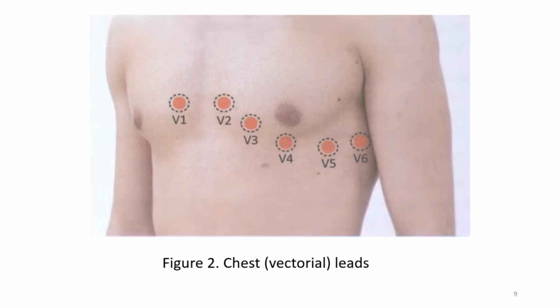You can see here the locations of precordial leads, V1 to V6: fourth intercostal space on the right hand side, and on the left hand side, V4 fifth intercostal space in the mid-clavicular line, then V3 between these two, V5 anterior axillary line, and V6 mid-axillary line, fifth intercostal space.